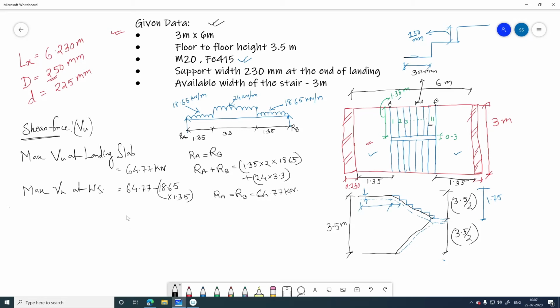So the value that we get is 39.6 kilonewton. Okay, so these are the values of VU, that means the shear force that we get.